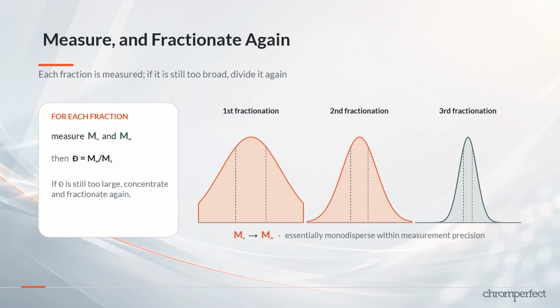The polydispersity is calculated. If the distribution remains too broad, the fraction is chromatographed and divided again. With repeated fractionation, Mn and Mw move closer together. Eventually, the fractions become essentially monodisperse within the precision of the physical measurements.